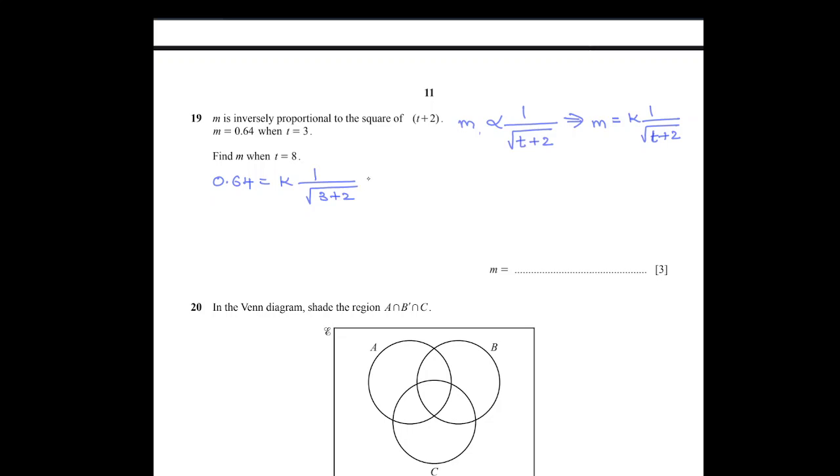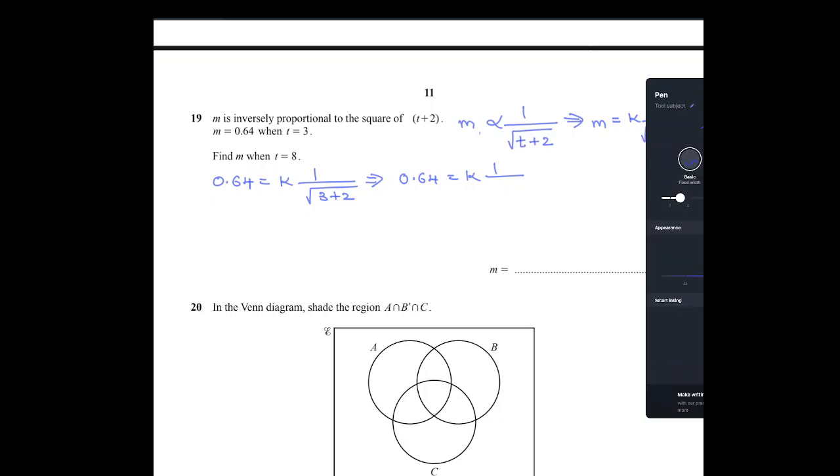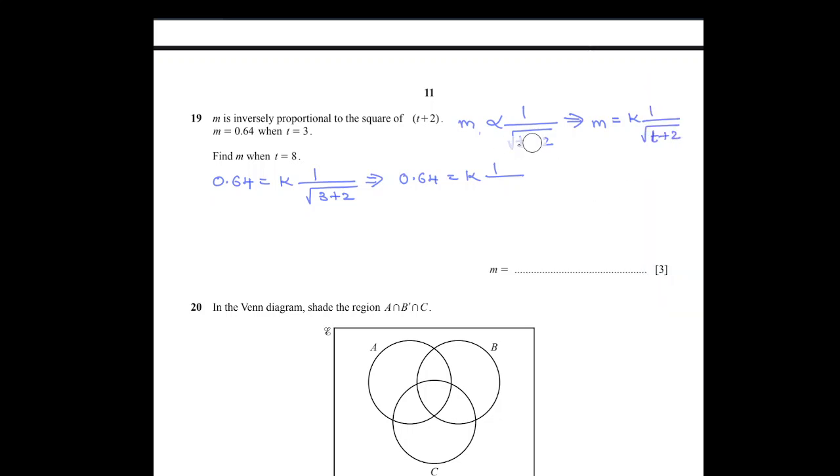Now this will be 0.64 is equal to k into 1 by, inversely proportional to the square of, okay, this is again one more mistake, I'm sorry students, this is square, not square root.